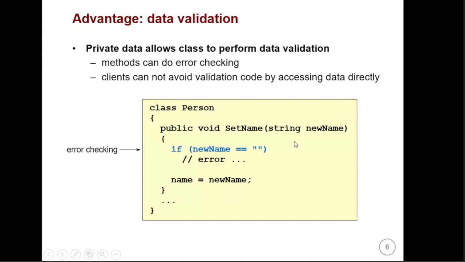So pwede ka magbutang dira og condition na every time ang new name ma-equal to the word gwapo, pwede ka mo comment bakak. Di nimo i-allow nga ma-modify ang name. So that is what is so good about you making use of methods. You can actually perform validation.